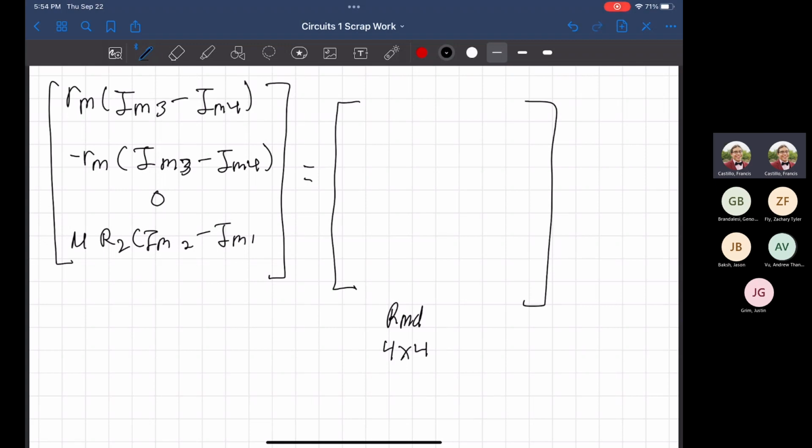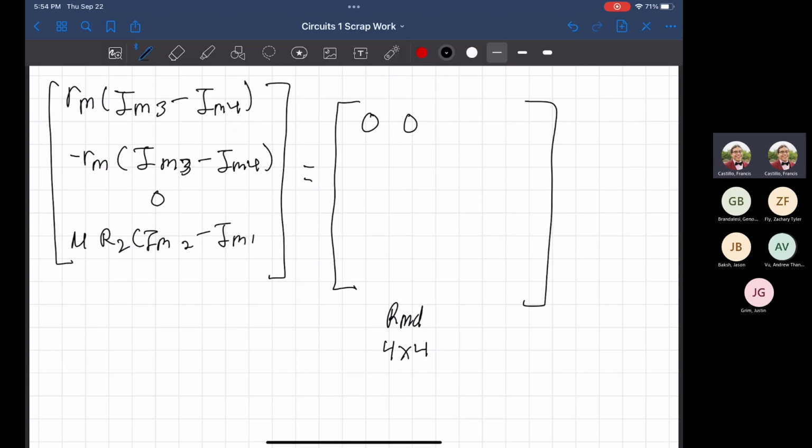So what's going to happen is we need to figure out, well, where exactly is it appearing? Is it appearing in mesh 1? No, there's no relation to mesh 1 given our dependent source. Same thing for mesh 2, but there is IM3 and IM4. So all that means is, whenever you take it apart, this is linear algebra coming into play and how matrices work.